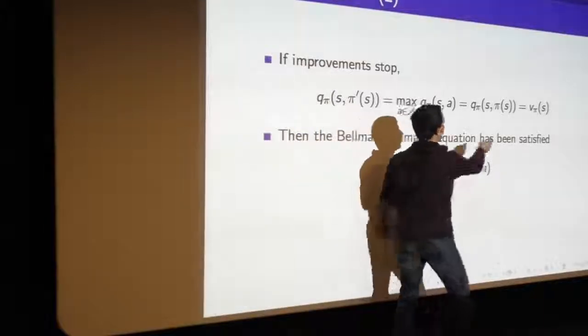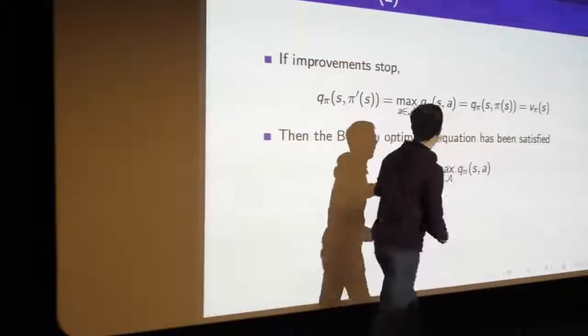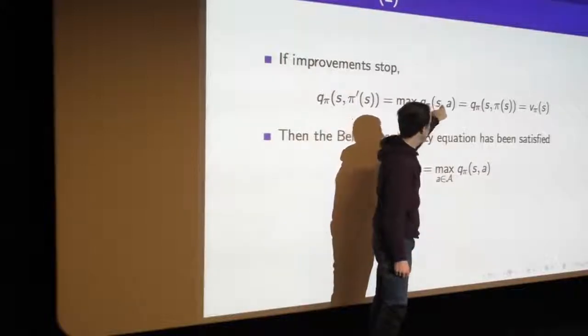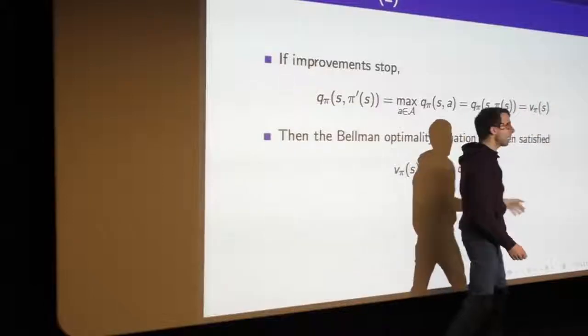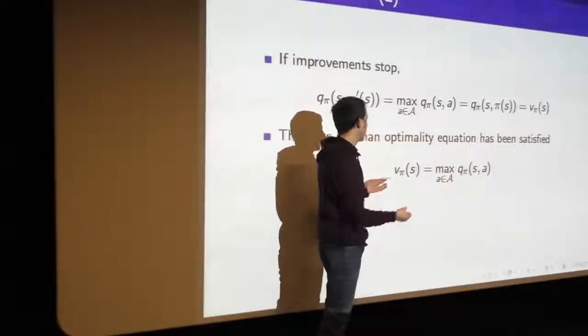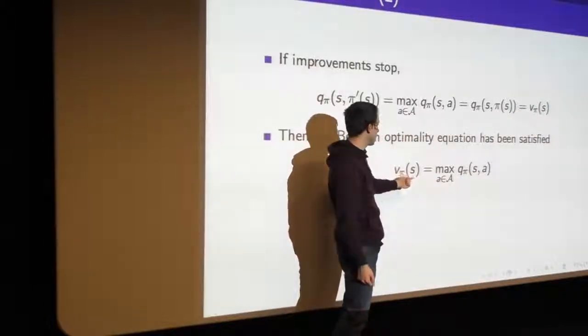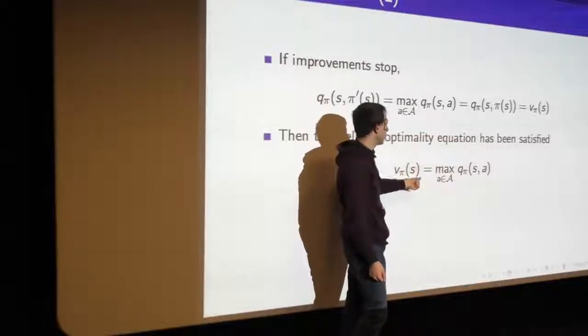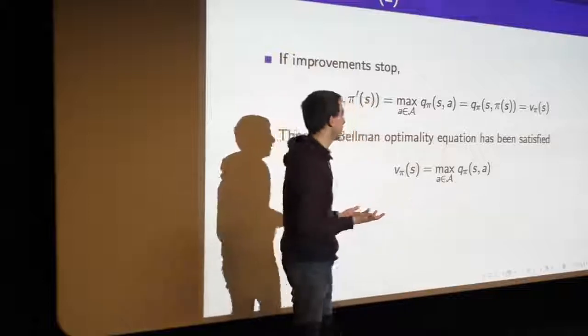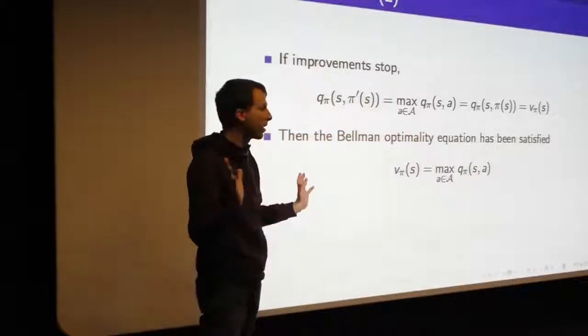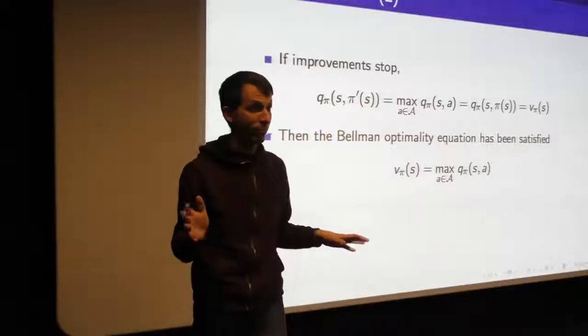So we've got v pi here, and we've got the max q pi here. We've basically said this is equal to this, and that's one form of the Bellman optimality equation, that the value of state S is equal to the maximum over the q values. That's the one-step look-ahead form of the Bellman equation that we saw in the last lecture.